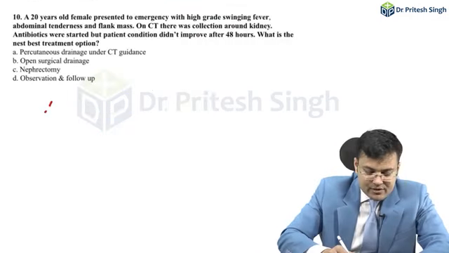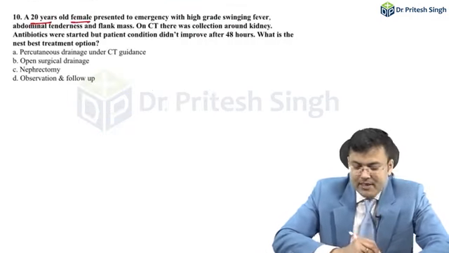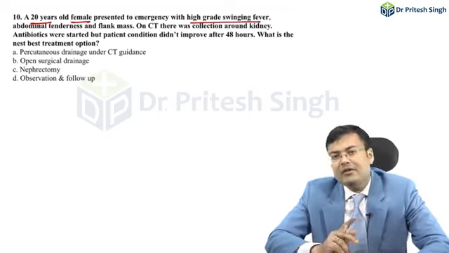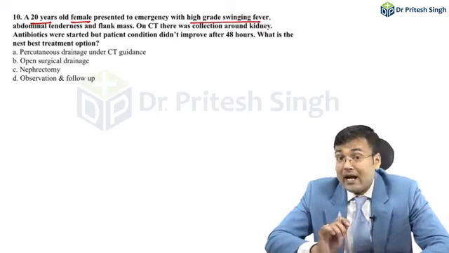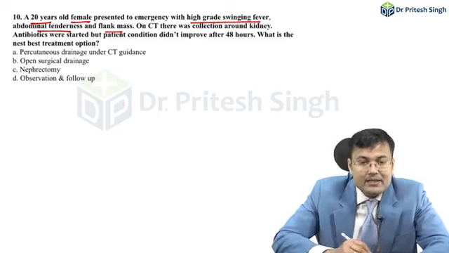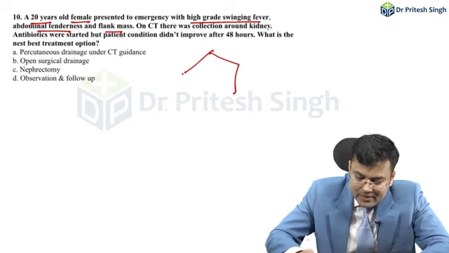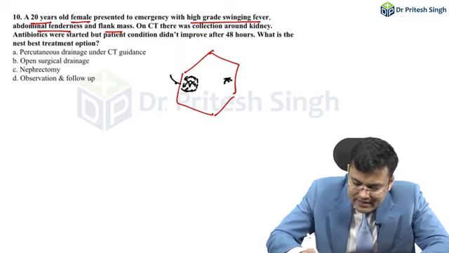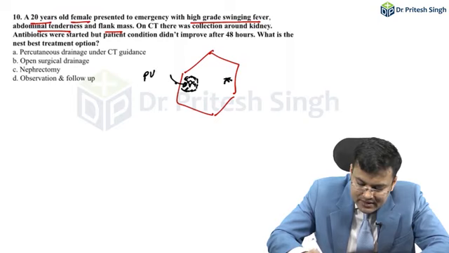Now see this question. 20 years old female presented to emergency with high grade swinging fever. It means there must be some abscess. High grade swinging fever, abdominal tenderness and flank mass. It means this is the abdomen. So what is the problem? There is some flank mass on one side and there is fever. There is tenderness. It means here is the pus collection.